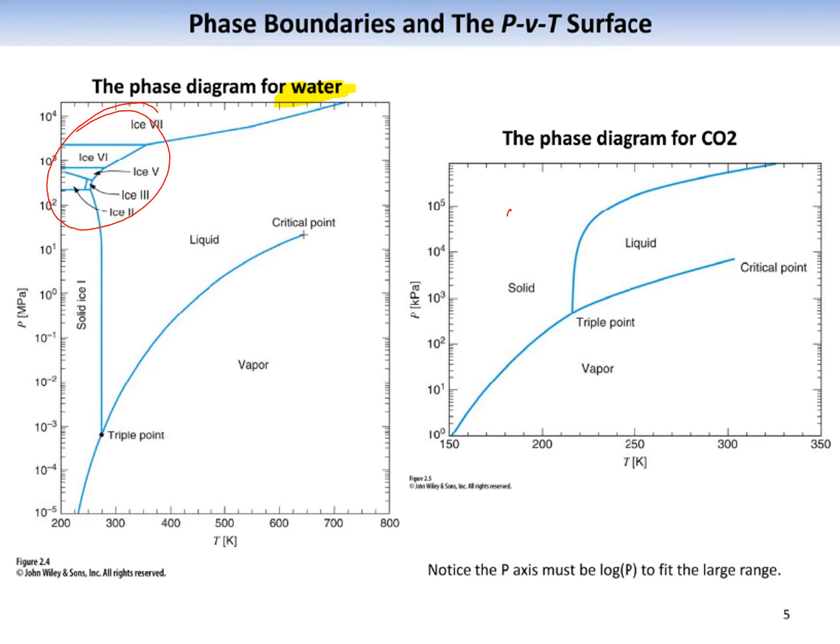If we change temperature or pressure, and most of the time it is pressure for ice, if we increase the pressure over ice, it will change the crystalline structure of ice, and that differentiates between ice 1 and ice 2.